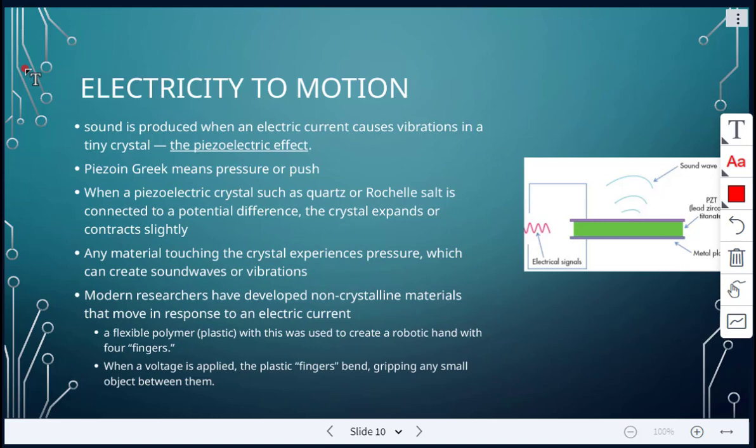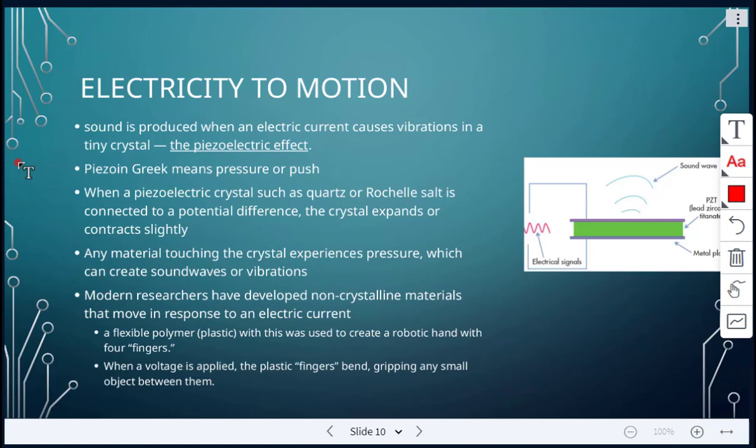This next part is called electricity to motion. So there is sound produced when an electric current causes vibrations in a tiny crystal. And this is called the piezoelectric effect. Piezo in Greek means pressure or push.